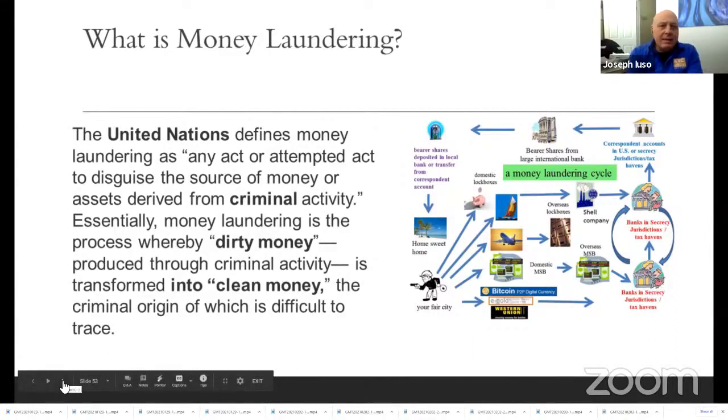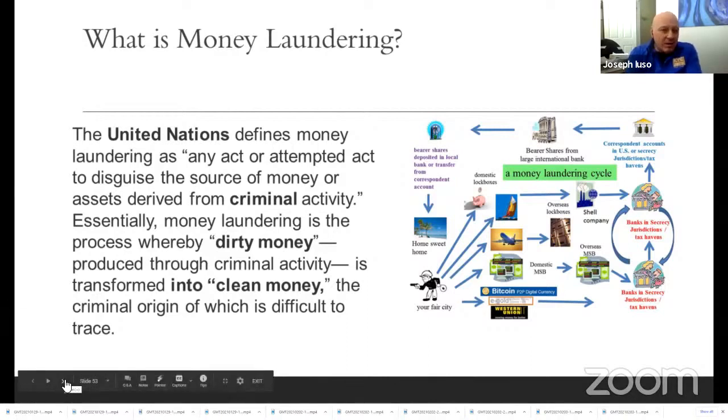But anyway, getting back to it, the UN defines money laundering as an act or attempt to disguise dirty money derived from criminal activity and washing it through some sort of legal financial instrument to make it clean. This is usually done in 3 steps. The first one is placement. So if you see here, somebody is placing it through Western Union or Bitcoin or even cash. It doesn't really matter. Once it's placed, then they start layering it. They start mixing it around, trying to complicate it through a series of complicated transactions just to obfuscate where it came from.